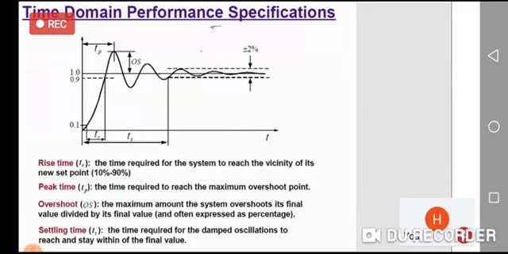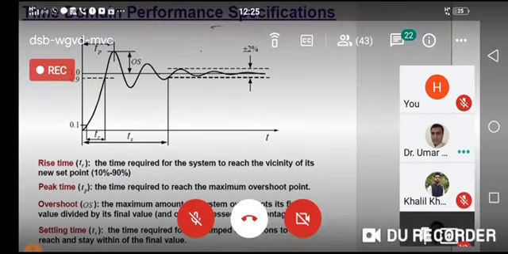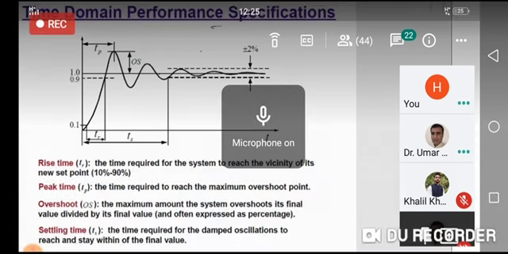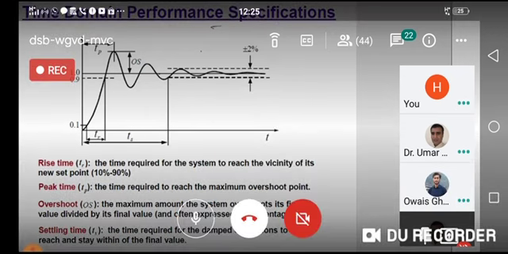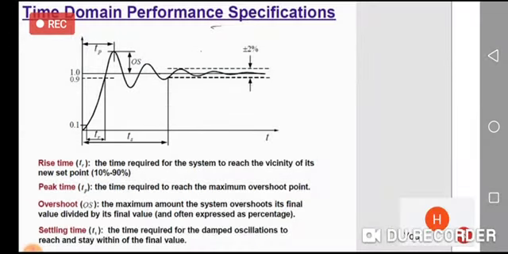Next question: is it undamped system? Is it underdamped system? Is it critically damped system, or is it overdamped system? Underdamped. Okay. Overdamped तनवीर क्यों है? That's a wrong answer. Think about it. Yes, sir.